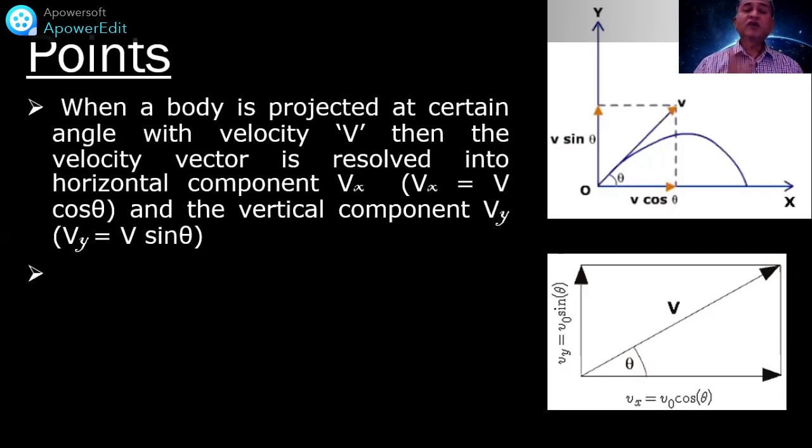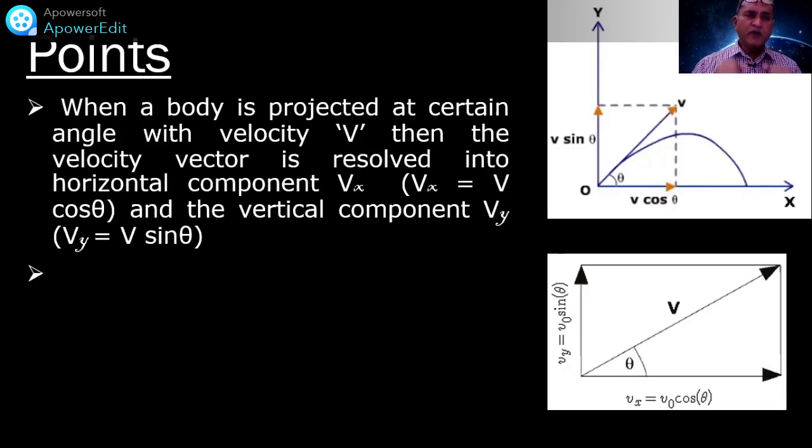So these two components will take the body in their directions. The horizontal component would be responsible to move the body horizontally, and the vertical component will change its altitude, would be responsible to take the body to a different height, right?